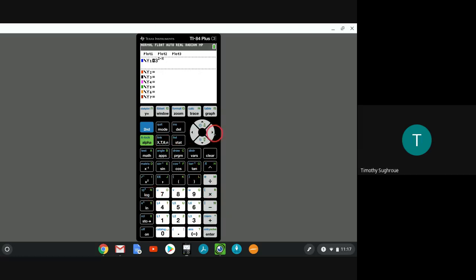Make sure your cursor is to the right so we're done. And if I graph this, there it is. You might want to use zoom 6 to go 10 by 10. We can see that this is an always decreasing function. Since it's always decreasing, it has an inverse.